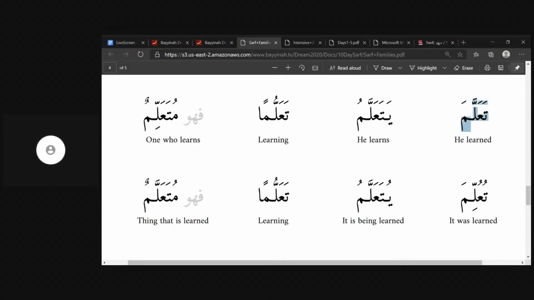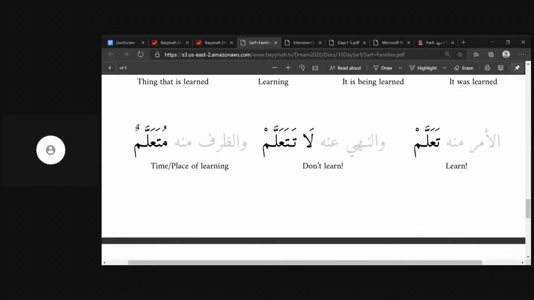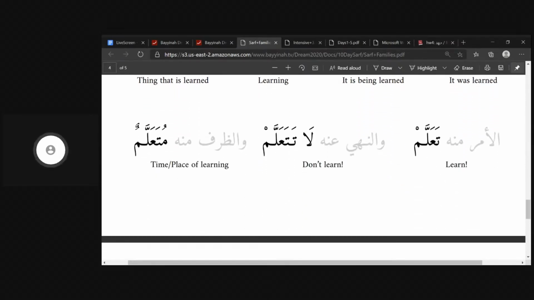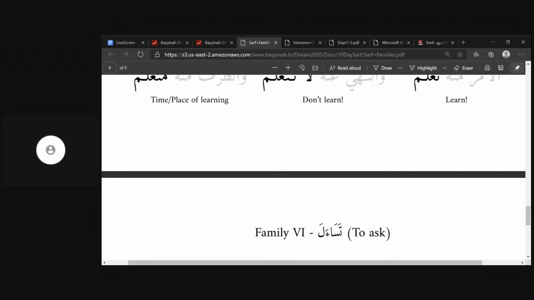Ta'allama yata'allamu ta'alluman fahuwa muta'allimun. تعلم يتعلم تعلما فهو متعلم. الأمر منه تعلم والنهي عنه لا تتعلم والظرف منه متعلم.